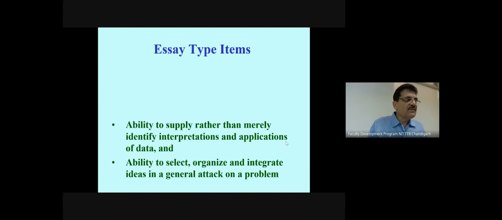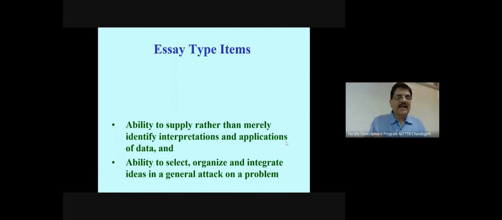Outcomes of the first type are measured by restricted response essay questions, and outcomes of the second type are measured by extended response essay questions. Because in the second type, the student is free to select, organize and integrate, whereas in the first type, the student is given limited scope.